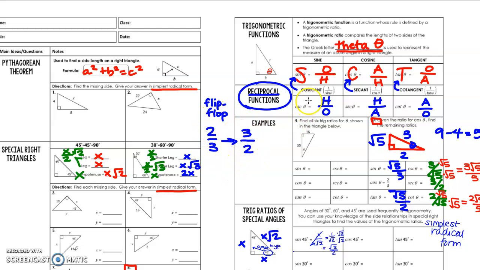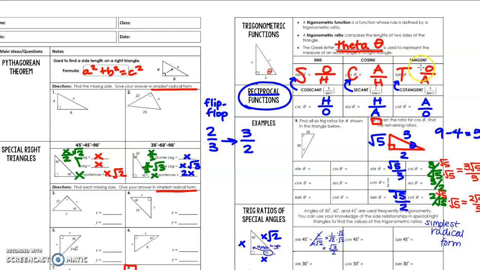So cosecant is the reciprocal of sine. We see that as 1 over sine. What I want you to think about then is cosecant, which is CSC of theta, is the reciprocal. So instead of opposite over hypotenuse for sine, we're going to do hypotenuse over opposite. Secant is the reciprocal of cosine. So again, reciprocate.